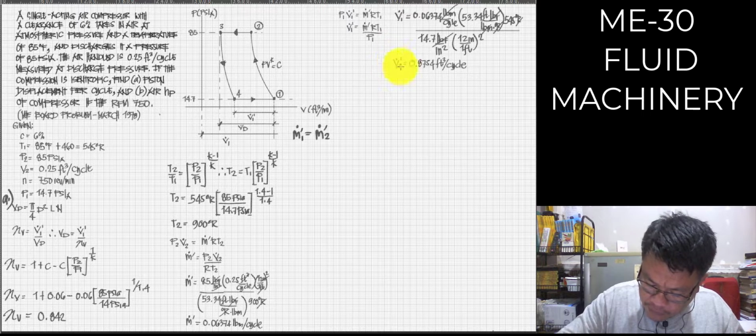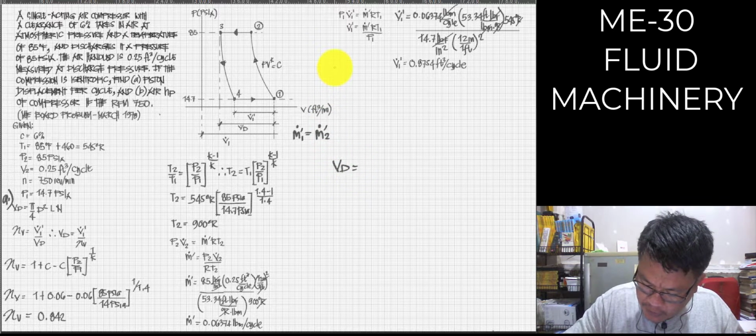With the volume 1 prime already available, we can substitute it into this equation for our volume displaced. So this is now equal to V1 prime divided by the volumetric efficiency.